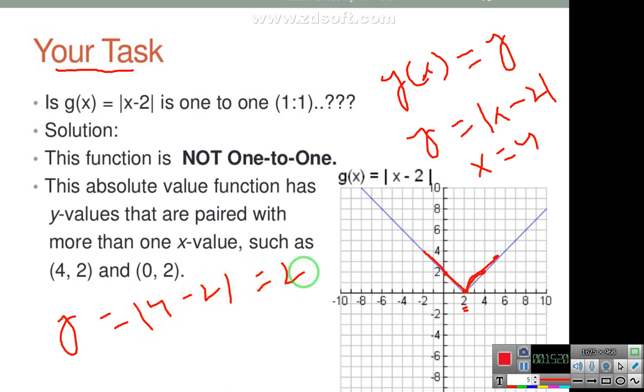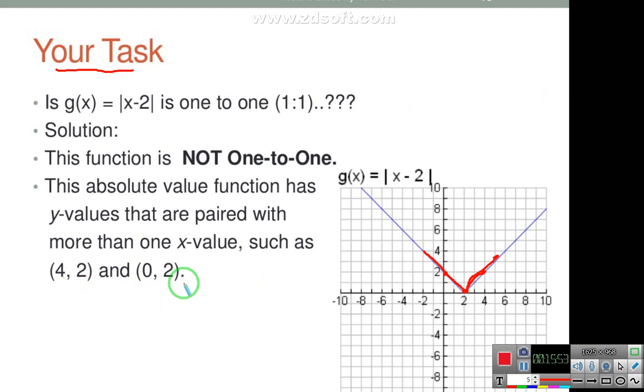But if you put x is equal to 0, again y will be the same, because 0 minus 2 will be minus 2 and the absolute sign will make it positive. So again you will see that for different x values, the range, or the codomain, is the same. So it means this is not a one-to-one function.